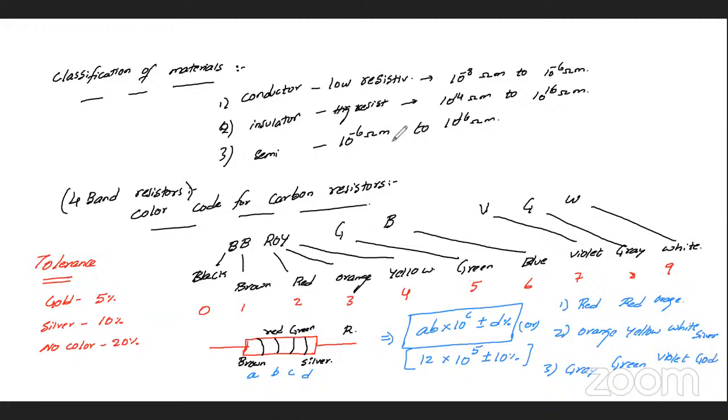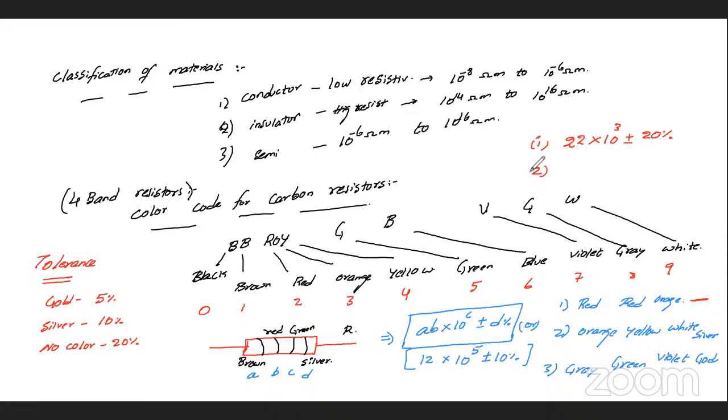These are your 3 examples. For the first one, red is 2, and red again is 2, into orange, which is 3. So it is 22 into 10 power 3, plus or minus the fourth band. When there is no color, we take 20%.